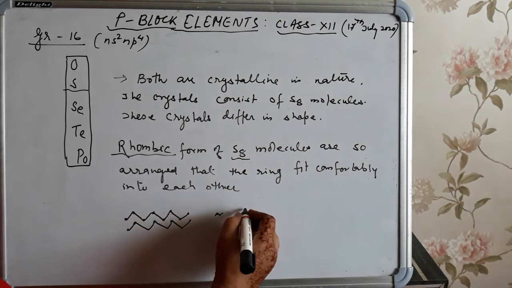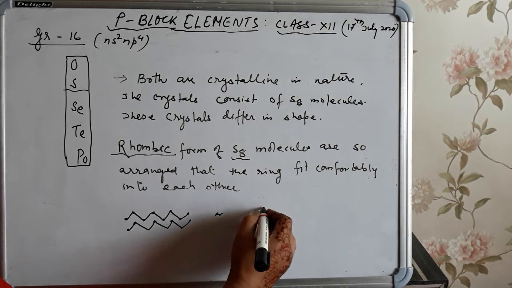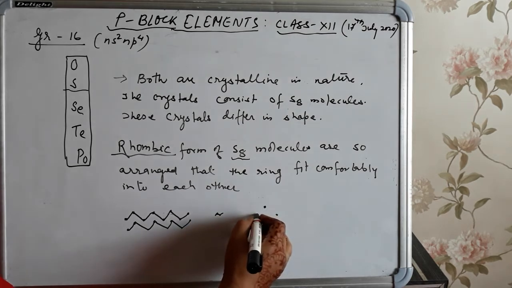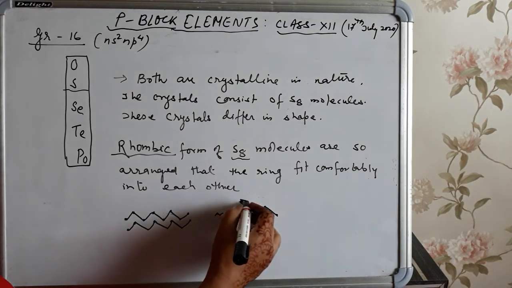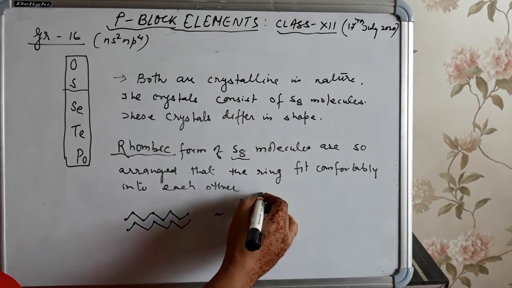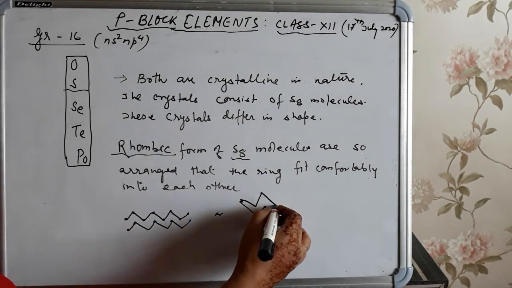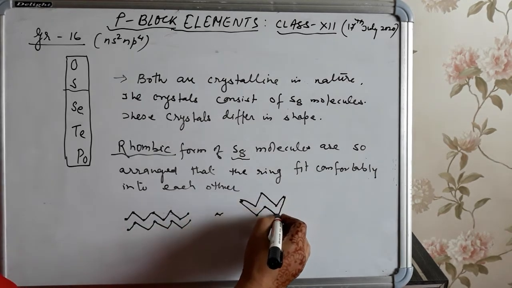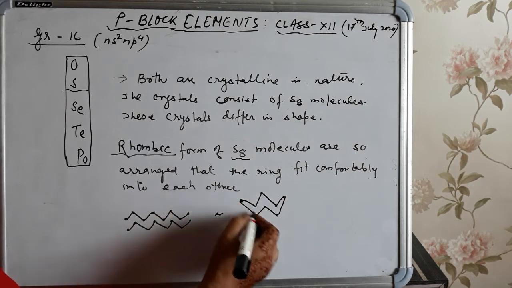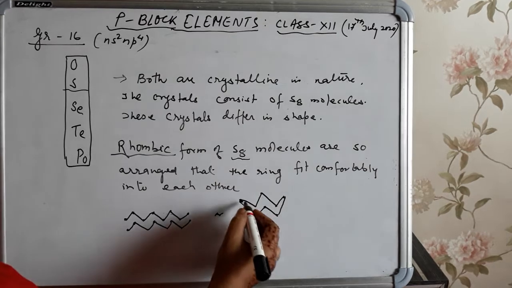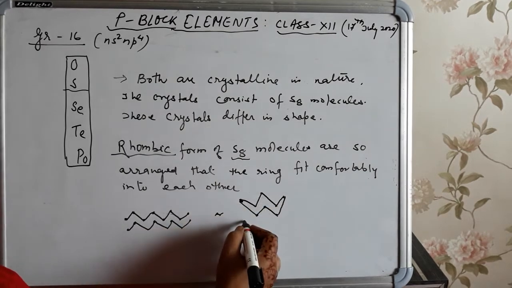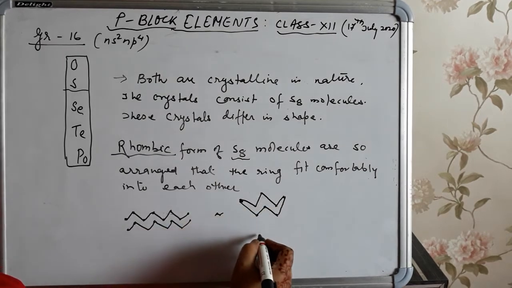Or we can also draw the structure. This is the crown shape. We all know the S8 molecules exist in the crown shape. So this particular shape just fits with another shape.